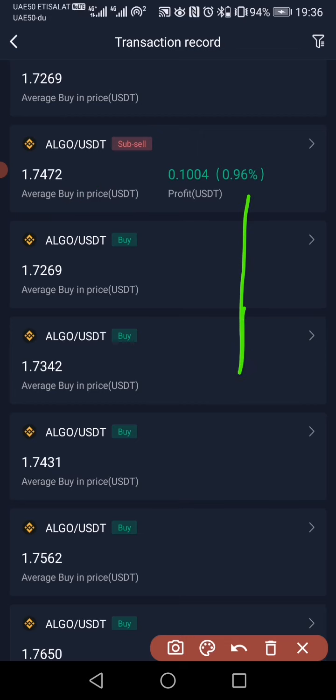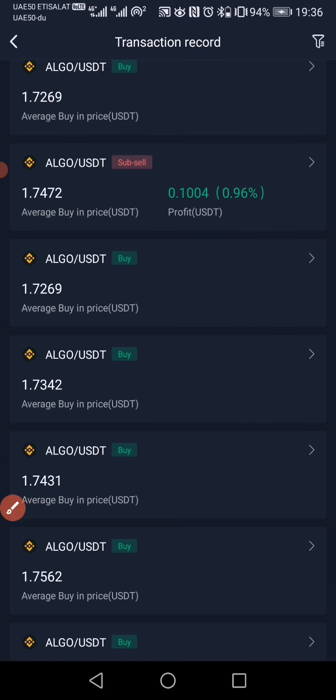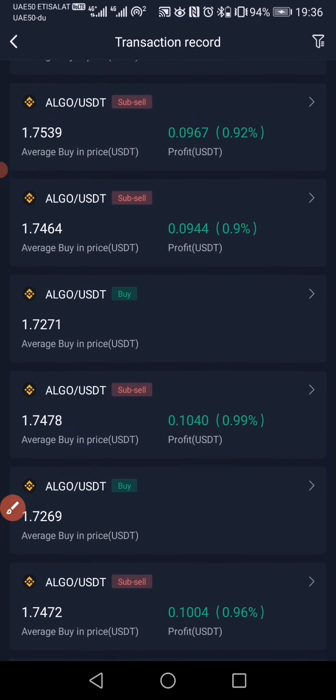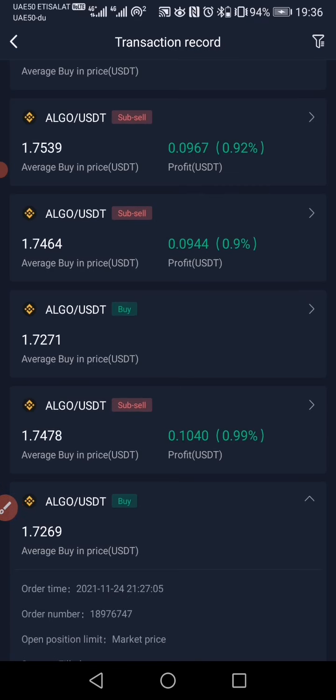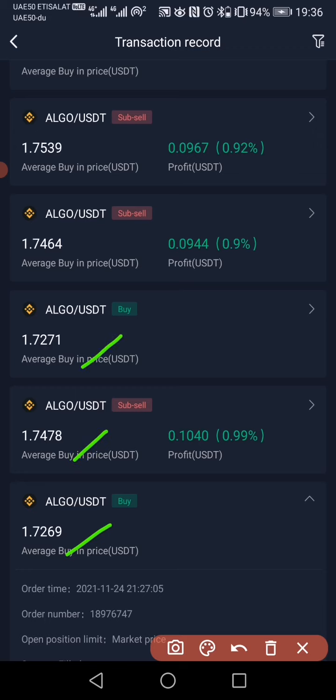So if you scroll down more, you will see again that at this point it bought. Then it sold again, the price went higher. It bought again, the price came down.